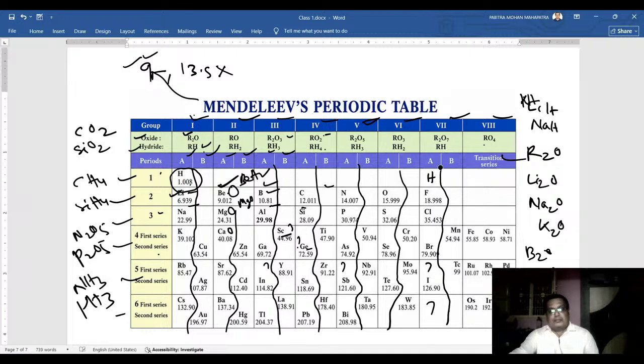Here, chlorine and bromine have oxidation number 1. Look at that, RH, RH. So here a doubt is created based upon the position of hydrogen.